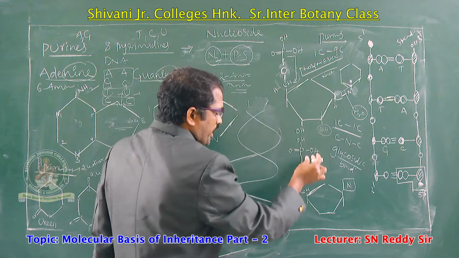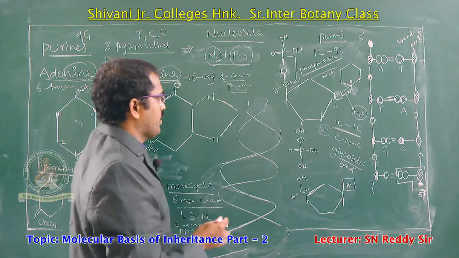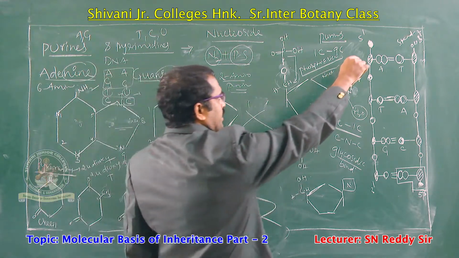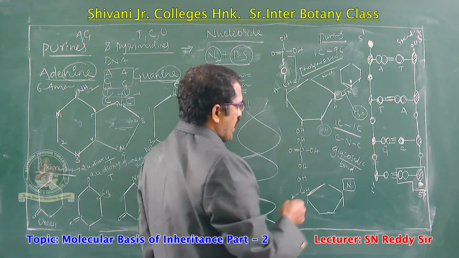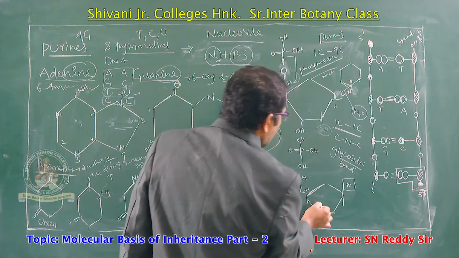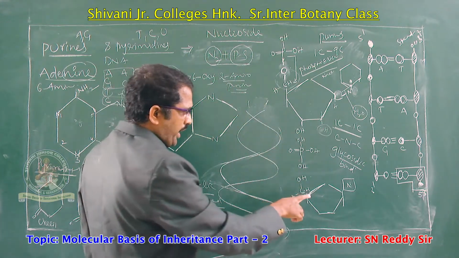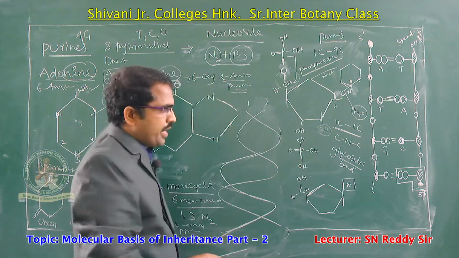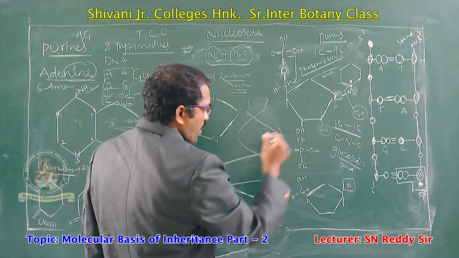A number of nucleotides are joined in a sequential manner. You see, a number of nucleotides are joined like this. In the case of two nucleotides, to make a bond, this is one pentose sugar, this is a second pentose sugar. In the case of these two, we form a bond.